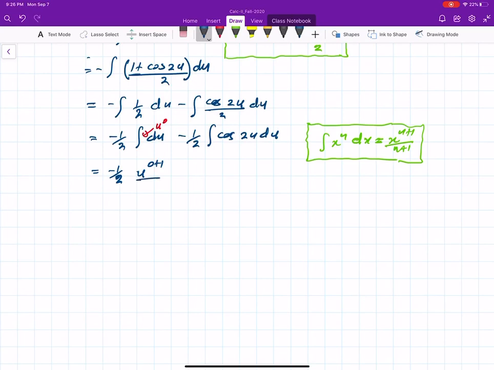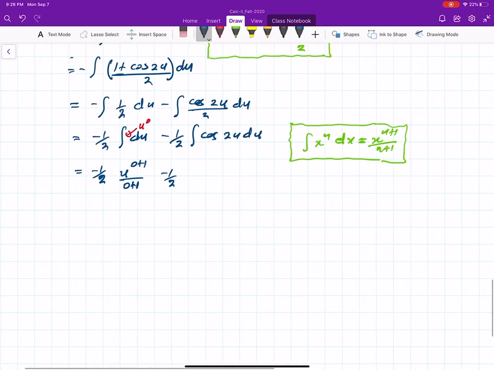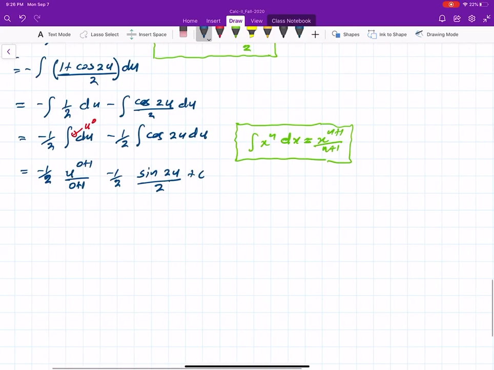U to the power 0 plus 1, here 0 plus 1. And then you put minus half, and then integration of cos. Integration of cos is actually sine. You write sine 2u, and then you divide this by 2, because there's a formula for that. And then you put this constant. Let me write that formula too.